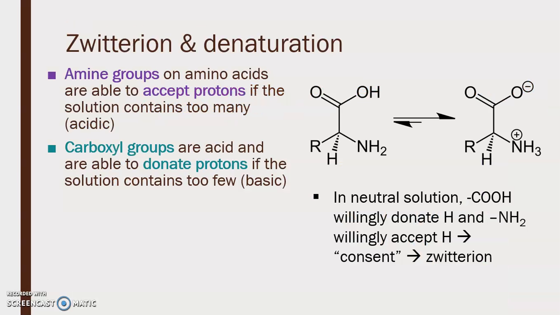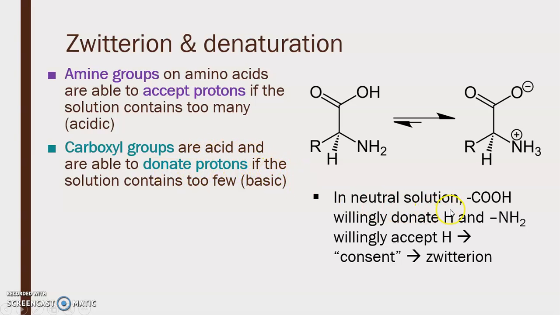So remember that we talked about the zwitterion. As an amino acid, they have amine groups that are capable of accepting protons, and they have carboxyl groups that are acidic and able to donate protons, right?